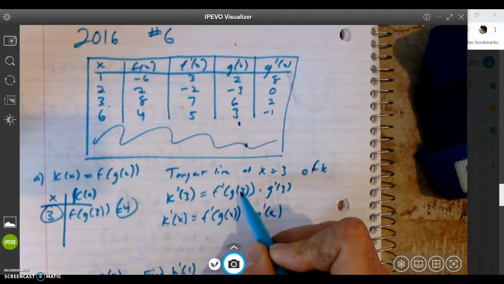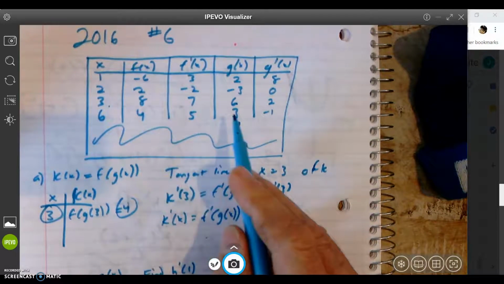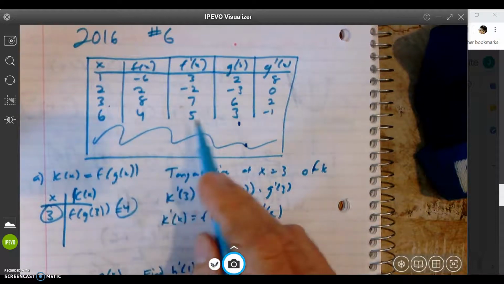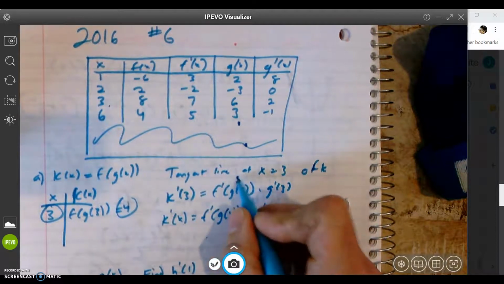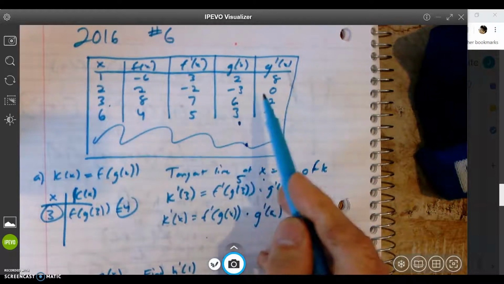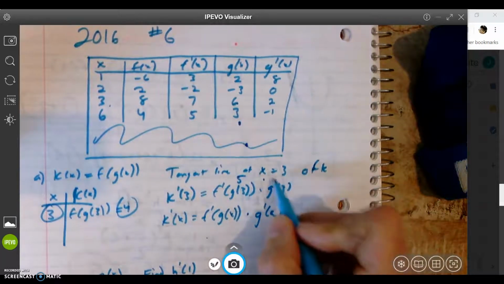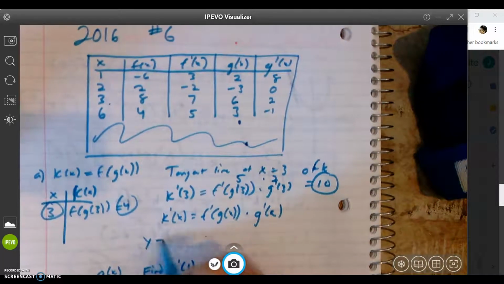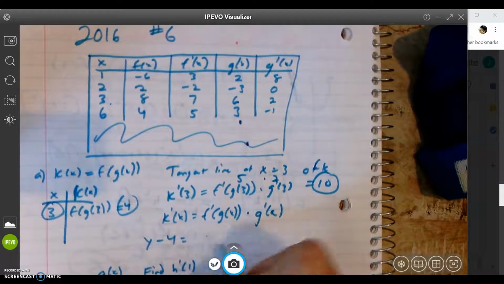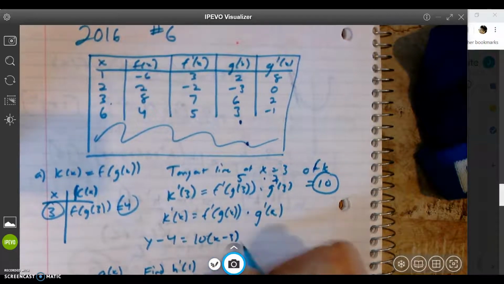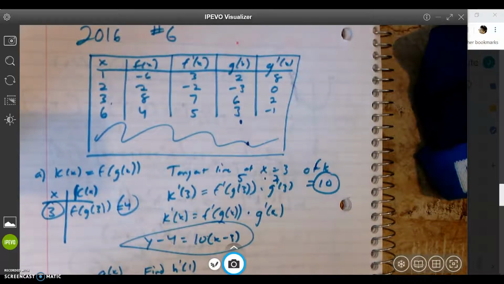G of 3 is 6. F prime of 6 is 5. So this is 5 times G prime of 3, which is 2. 5 times 2 is 10. So that's your slope. So it's y minus 4 equals 10 times x minus 3. Boom. Got it. That is part A.